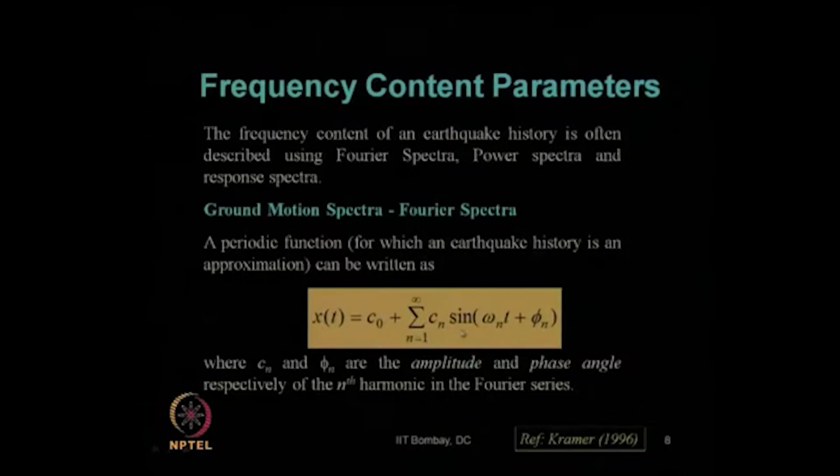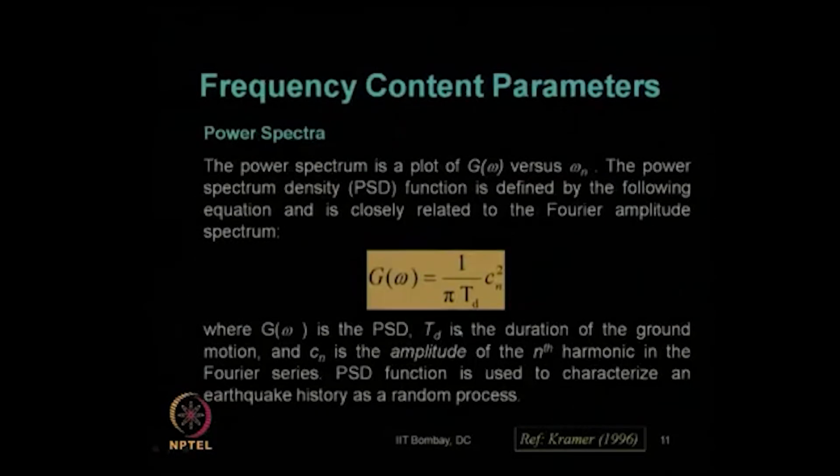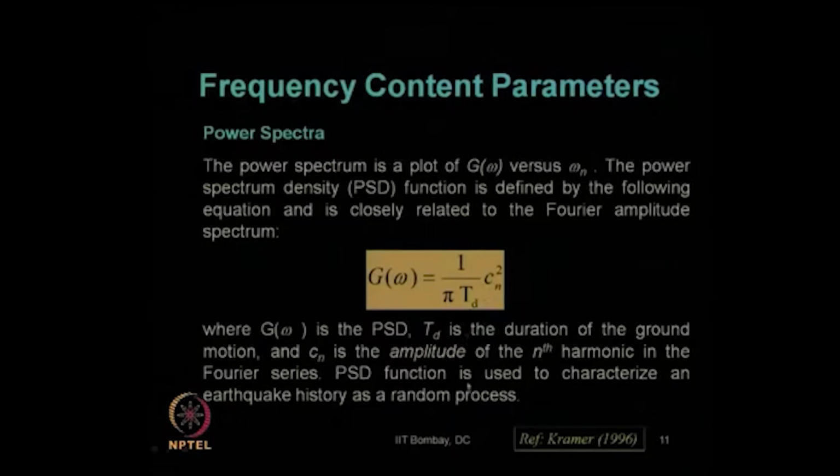But in the case of power spectra, it only takes the maximum values of the amplitudes of those Fourier spectra and then expresses it as it goes in the random process related to the variation of this earthquake frequency omega n, which is expressed through this T d. Clear? So, the only advantage here is that it need not consider the periodic function, it can be applied for a random process.